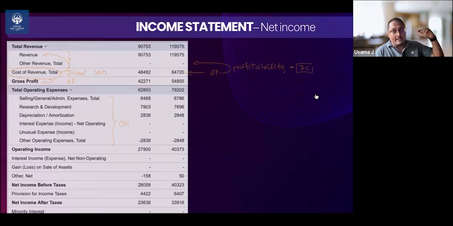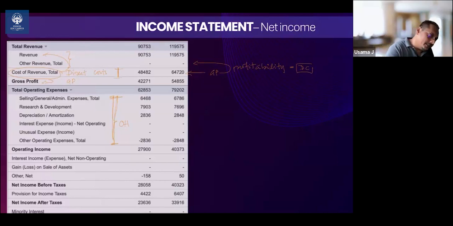Yes, but is there a direct relationship to generating this revenue? Not necessarily. Depreciation and amortization. Is it related to generating revenue? Yes, but is there a direct relationship? No. Right? So you can see the direct cost structure over here, indirect overhead cost structure over here.